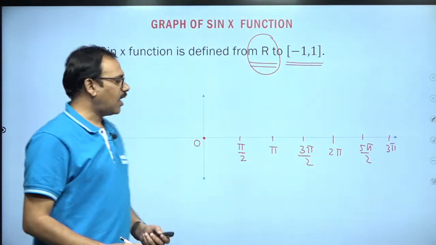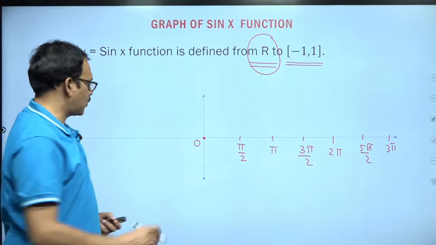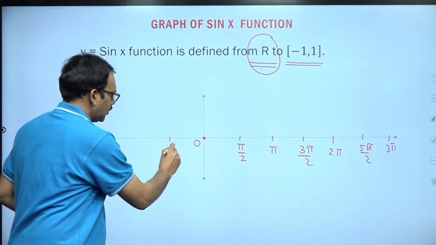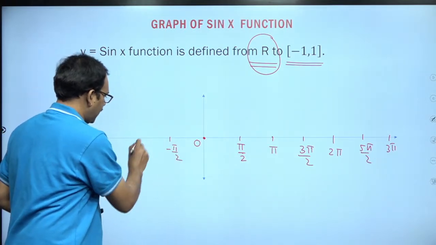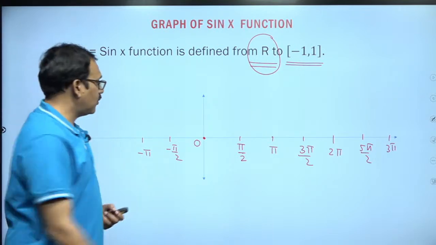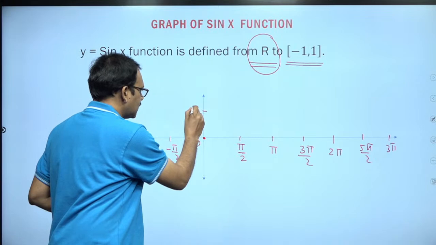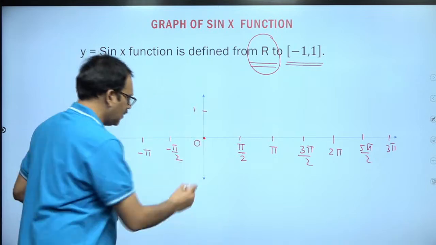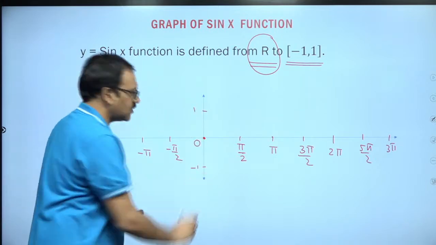So suppose I have taken it almost to scale. Here also I take minus pi by 2, minus pi, like this. Now the number on the y axis that I am taking is 1 and here it is -1.